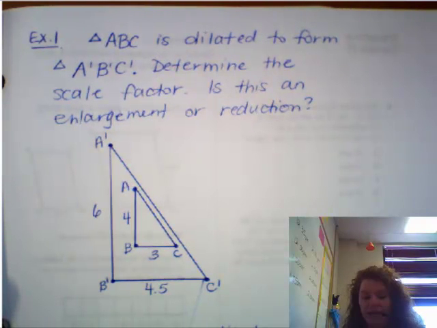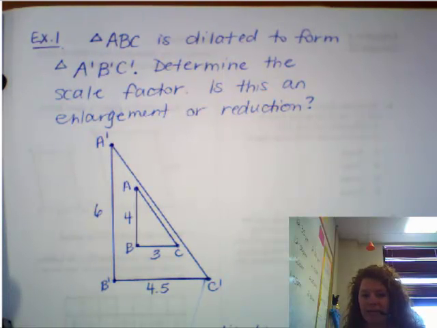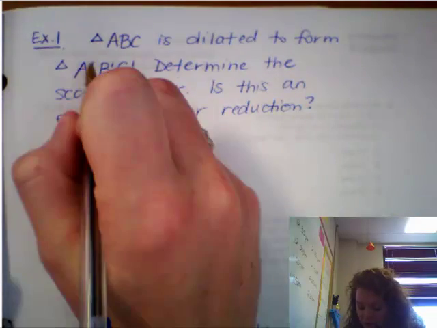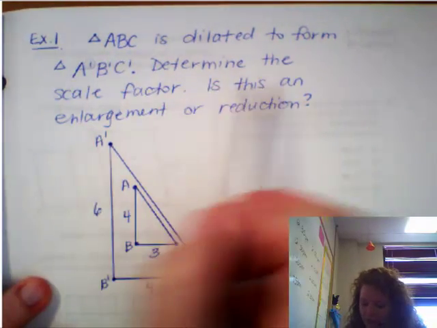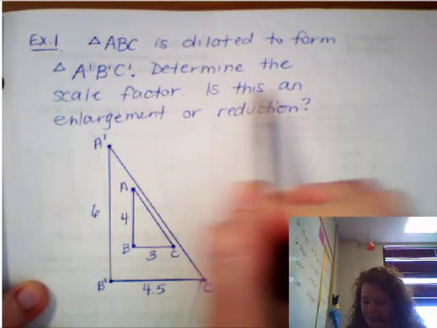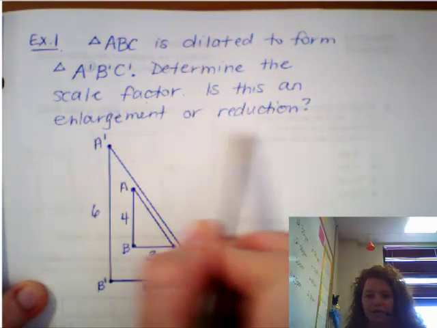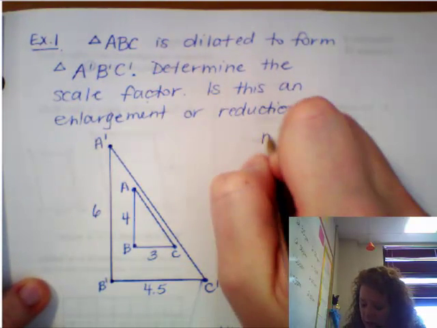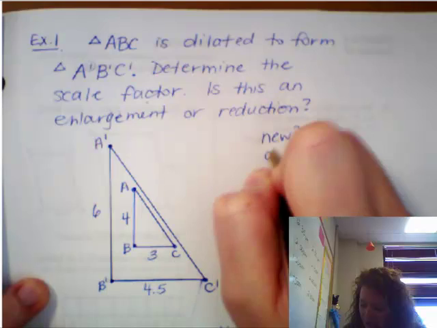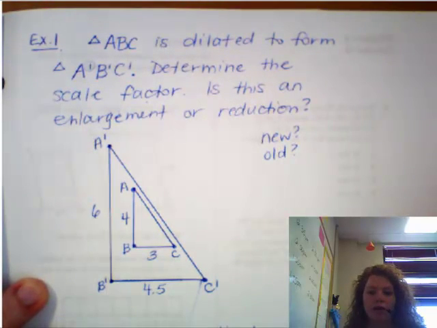Okay, here we go. Example 1. Triangle ABC is dilated to form triangle A prime, B prime, C prime. These little tick marks are called primes. Determine the scale factor, and is this an enlargement or a reduction? The first thing we need to do is figure out which one is new and which one is old, because that will help us figure out the scale factor.